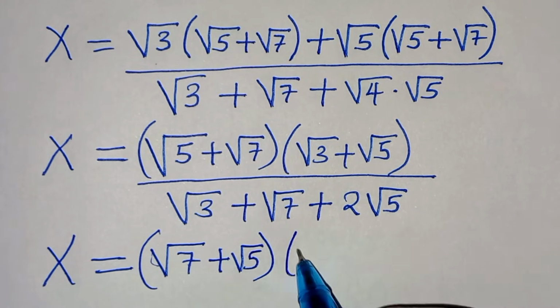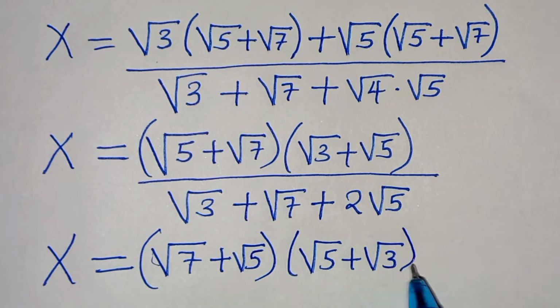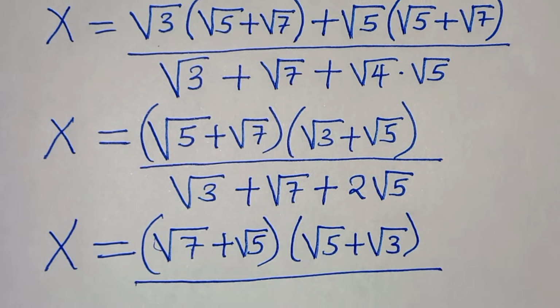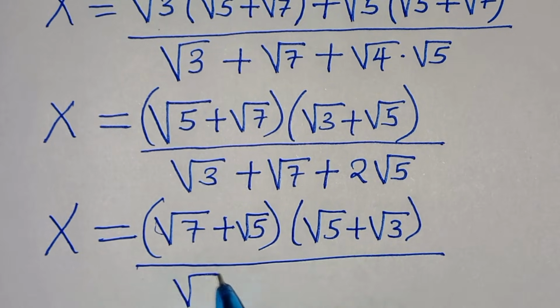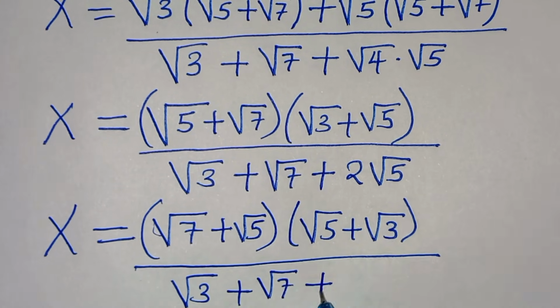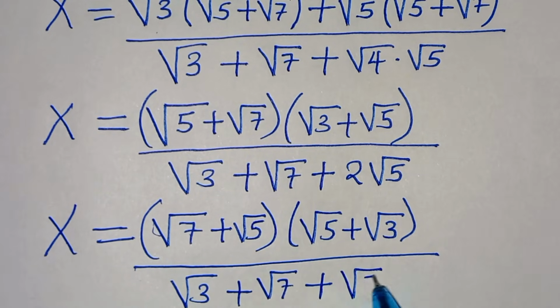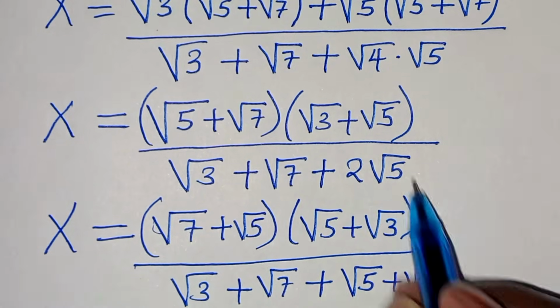Then here we have square root of 5 plus square root of 3 divided by square root of 3 plus square root of 7. Now plus 2 square root of 5, this is the same thing as square root of 5 plus square root of 5. Square root of 5 plus square root of 5 is 2 square root of 5.